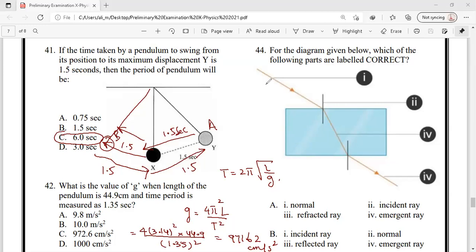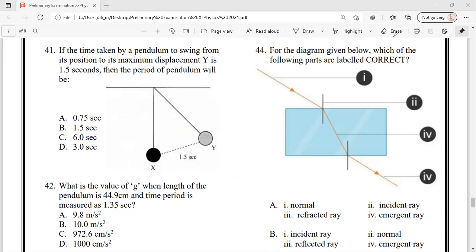After calculation we will get 971.62 centimeters per second squared. So the correct answer is option C. This was our question number 42.